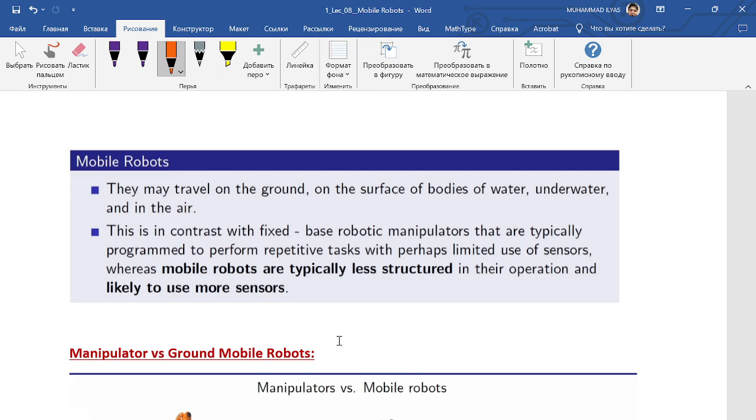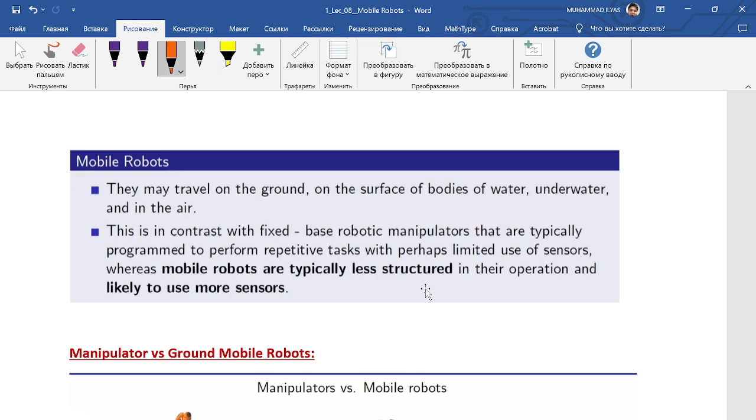Mobile robots are less structured, meaning that because they are not fixed in one place, it is hard for mobile robots to find their location, position and orientation, and similarly the orientation and position of other objects in the environment, in contrast to fixed base manipulators, which are fixed in one place, so they know their zero position, and with respect to that fixed base, using forward kinematics and inverse kinematics, they can calculate the position of each joint and the position of the end effector.